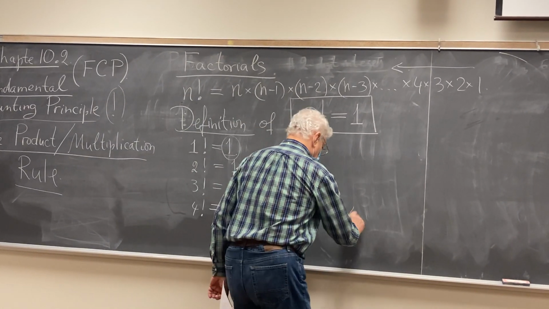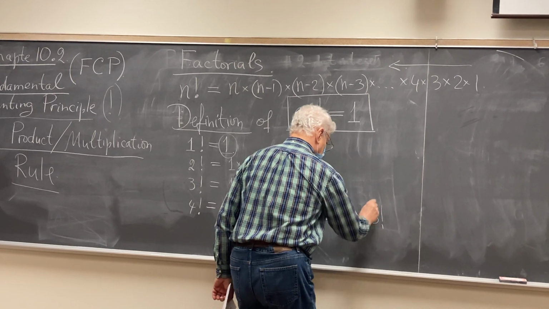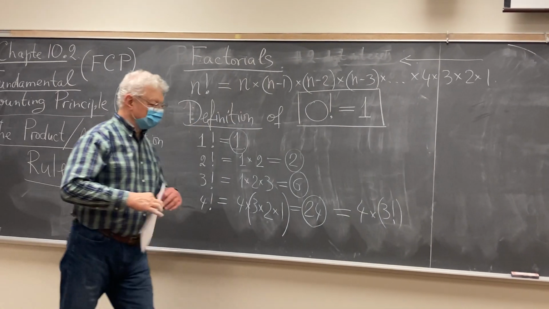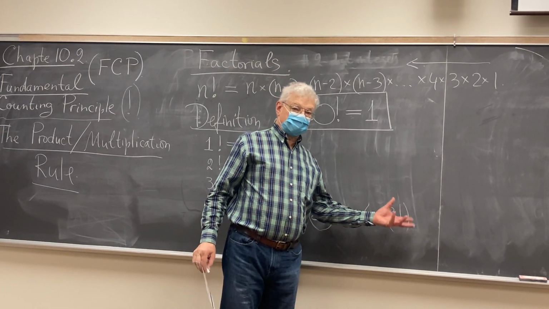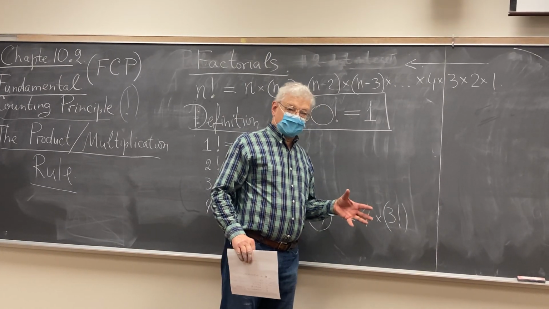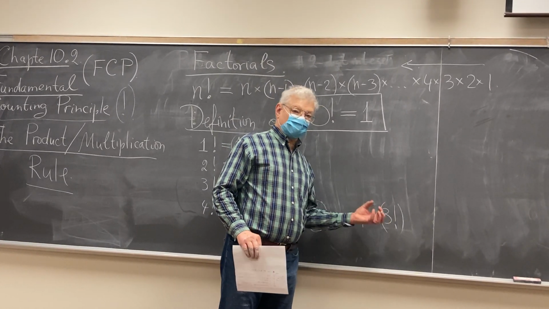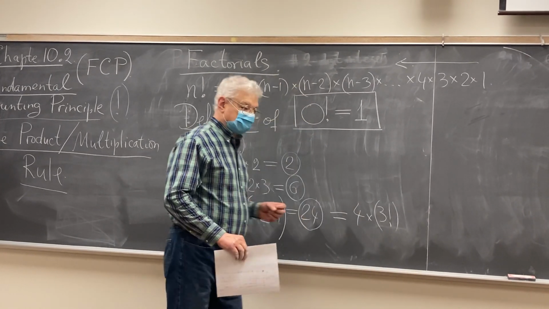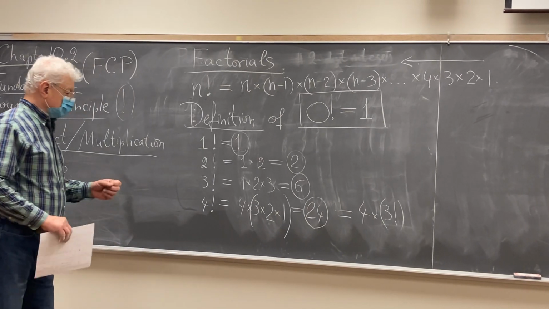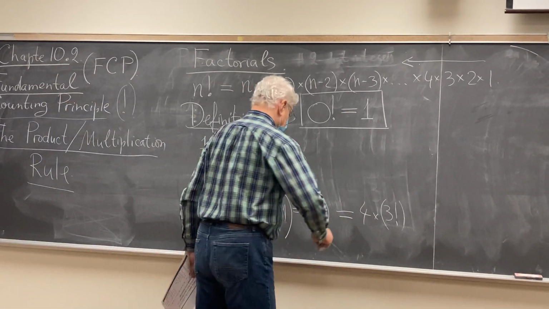So it's 4 times 3 factorial. I ask you to write parentheses when you use multiplication with the factorial. Otherwise, it's just one symbol, one number. If you don't write parentheses, you'll make a mistake. It's 4 times 3 factorial. Then the answer is 24.